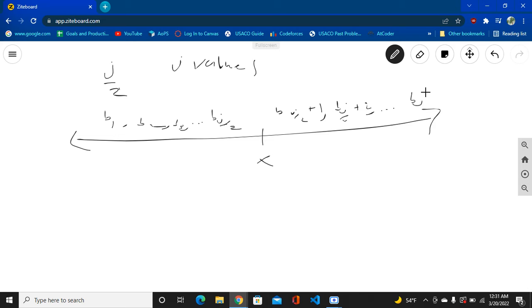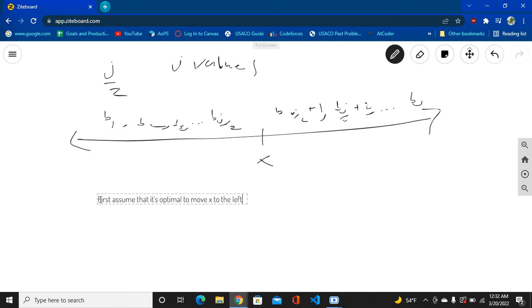So in order to prove this, I'm going to use a proof by contradiction technique. I'm going to use two cases. Let's first assume that it's optimal to move x to the left, which means that the optimal spot is to the left.